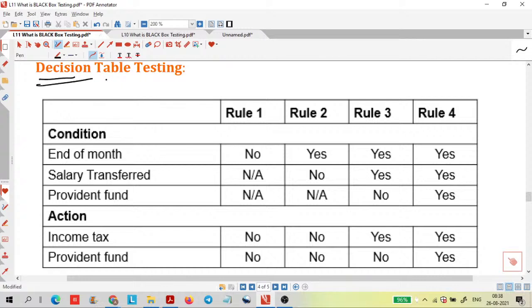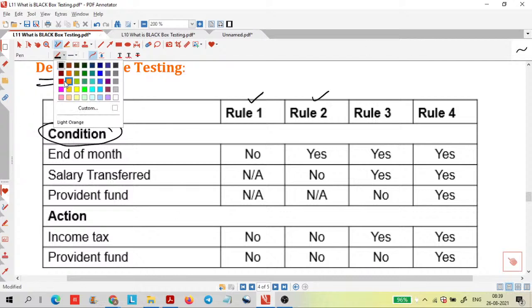And one more is decision table testing. For example, here there are some rules with respect to conditions. So what is the condition? End of the month, salary is transferred. Salary will happen at the end of the month, the last day of the month.